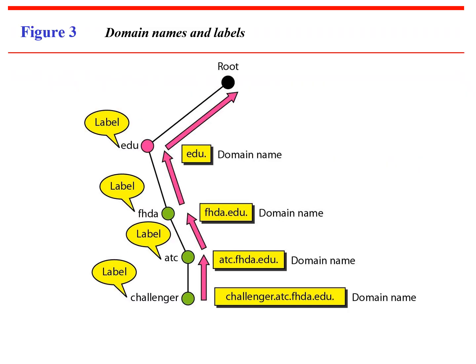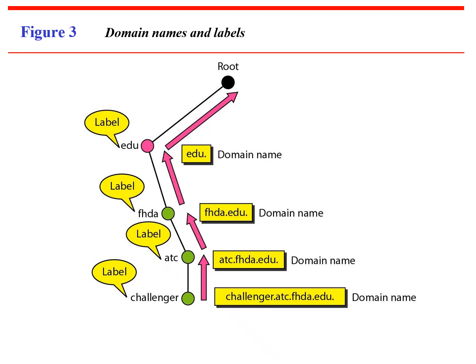Here they have shown an example of domain names and labels. For example, challenger.atc.fhda.edu. We have various labels: challenger is one label, atc is one label, fhda is one label, edu is one label. But the domain name, if you navigate from the node challenger, is challenger.atc.fhda.edu. The next node gives atc.fhda.edu.